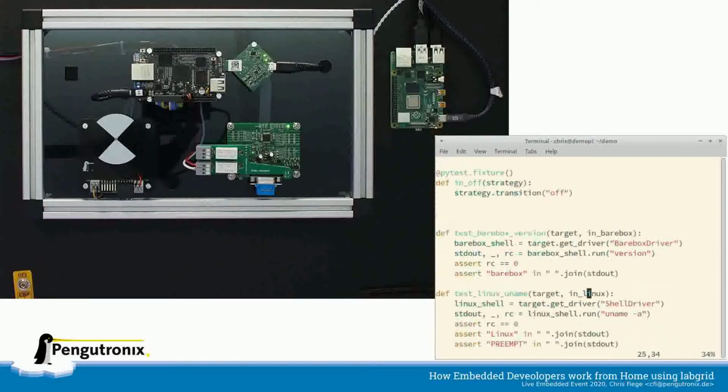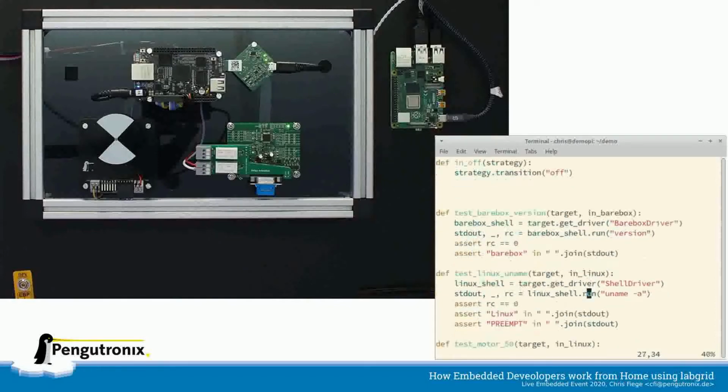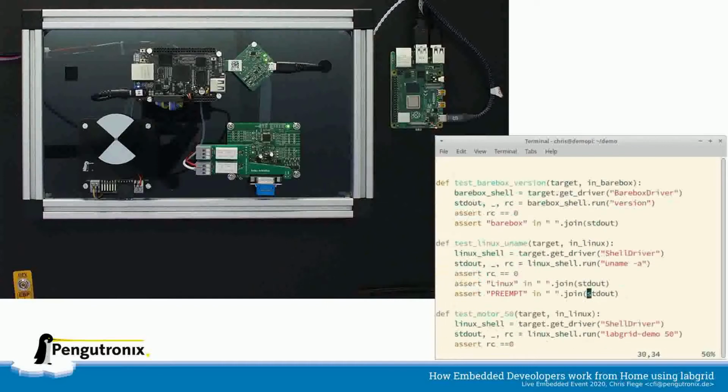For example, here, using the in Linux fixture, we will force our device under test into the state Linux, and then we can execute a command inside the Linux shell. In this case, just uname -a, so we can see what kind of kernel is currently running. We do some checks, and if all checks are okay, the test is okay, otherwise our test is failed.